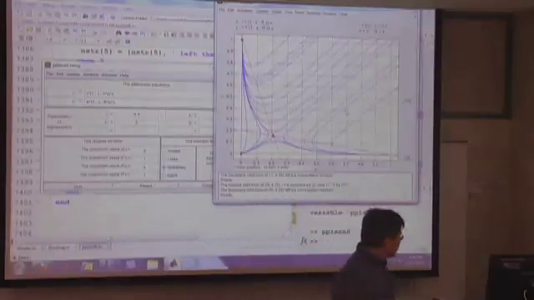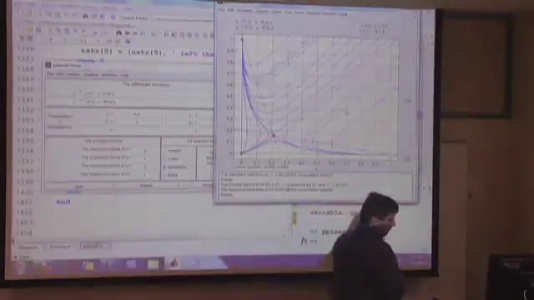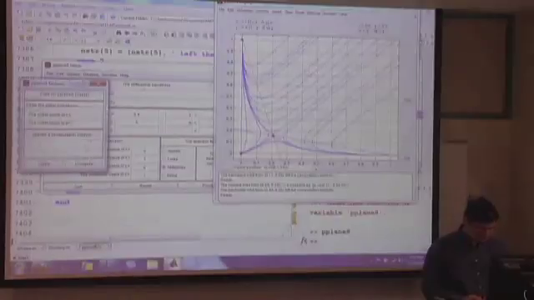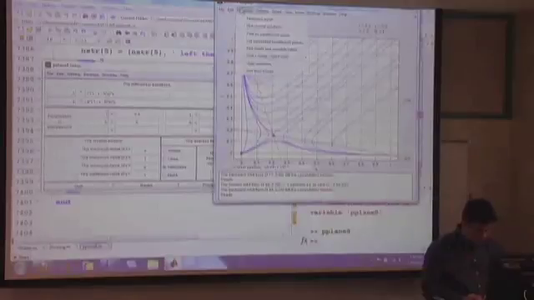So you can read a lot of things out of it. You can read the stability properties of the equilibrium. You can also see what happens with certain initial conditions by doing a keyboard input. So you can say initial value is, well, let me clear this.